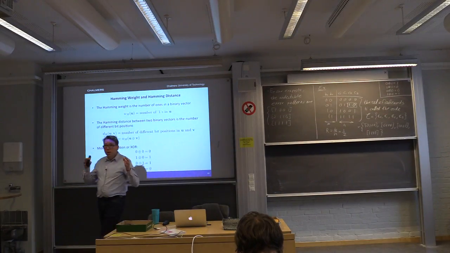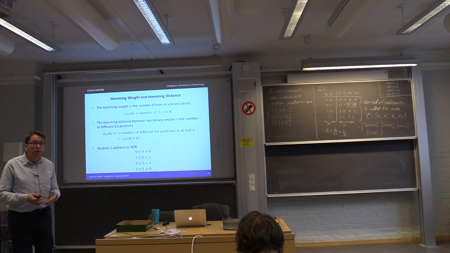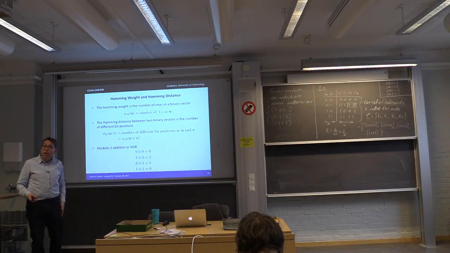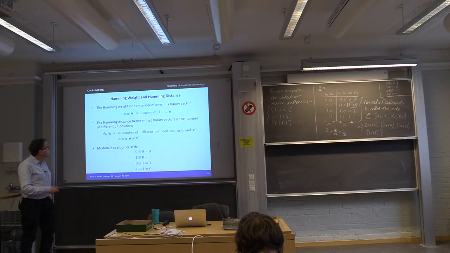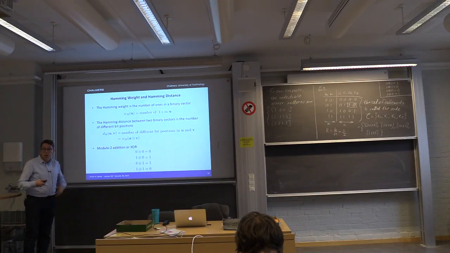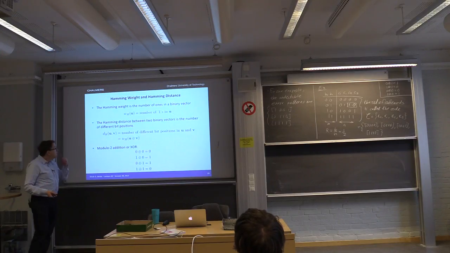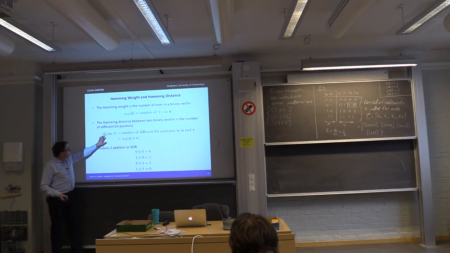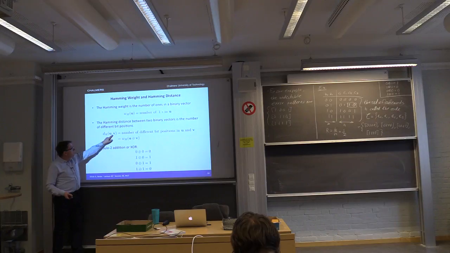And it's a distance metric in the sense that it measures the length of binary vectors. The Hamming distance between two binary vectors is the number of positions in which they differ. So the Hamming distance between u and v, the two binary vectors, is the number of bit positions in which u and v differ.